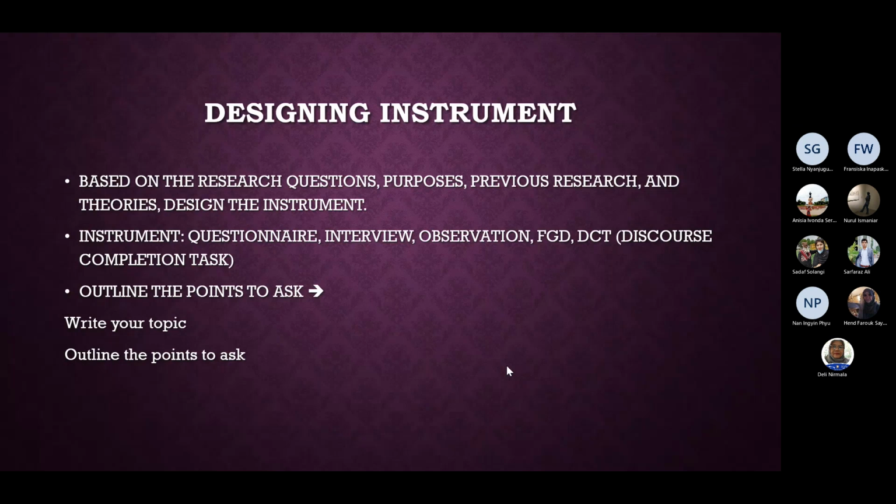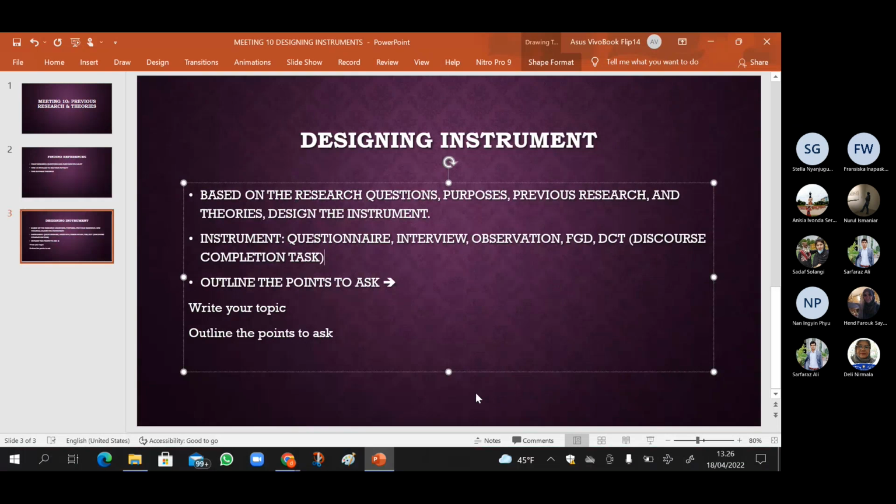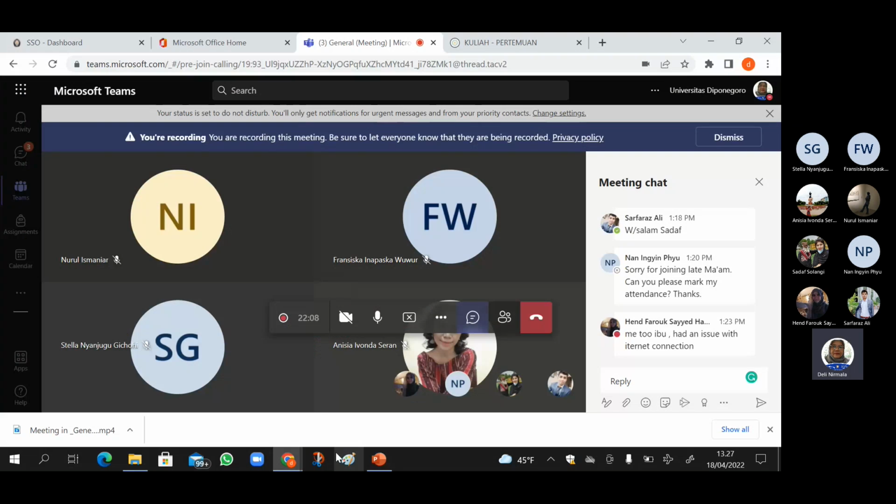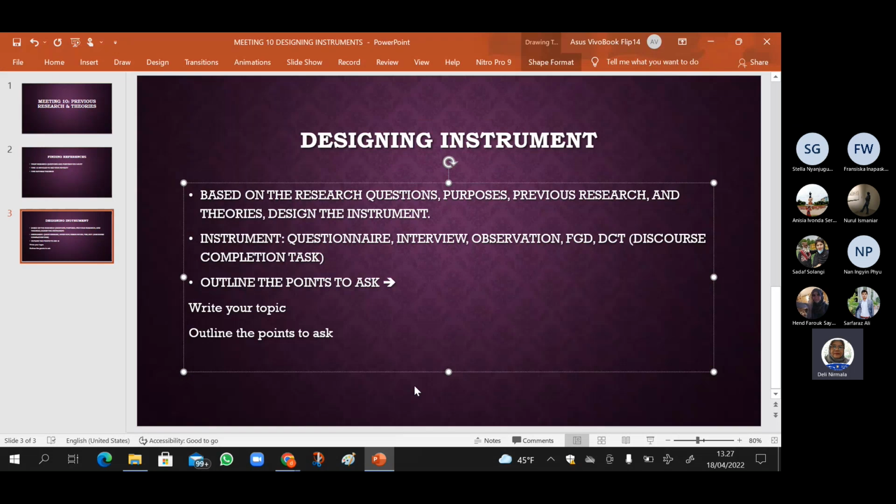Skills. And then if interview, you have interview guides. So some topics or some questions to ask, and then you can develop them during the interview, in order to investigate the question thoroughly or comprehensively.